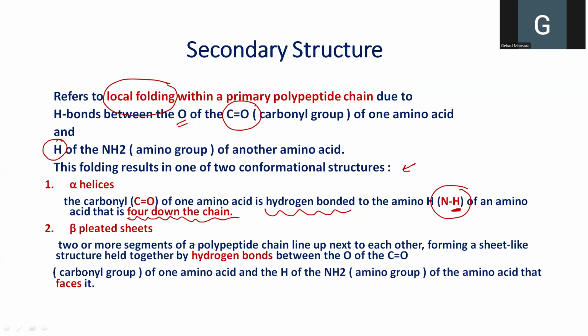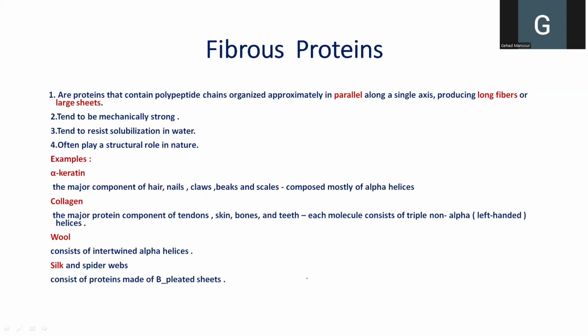In the beta pleated sheets, we have segments, as we said, of polypeptide chains. They are not multiple, of course; they are segments of one polypeptide chain that line up next to each other, forming a sheet-like structure through these hydrogen bonds, but always between C double bond O, where the oxygen is partially negative, and H of the amino group, where the hydrogen is partially positive.